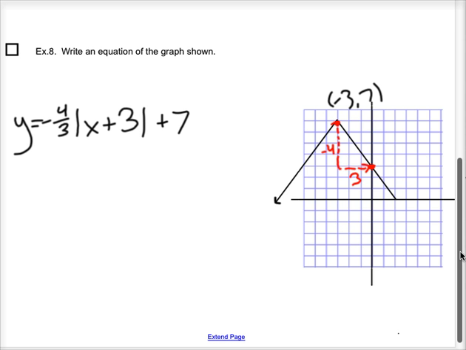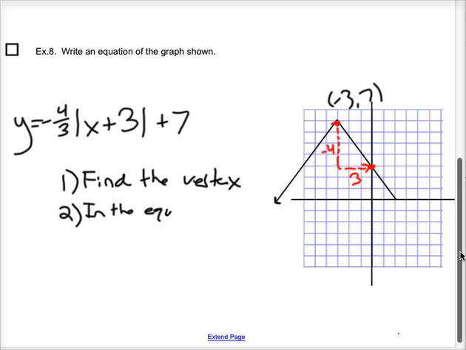So again, just to recap for you that example, the first thing you do, find the vertex, and what that lets you do is in the equation, it allows you to express the horizontal and vertical change. Oops, sorry, I was misspelling there.